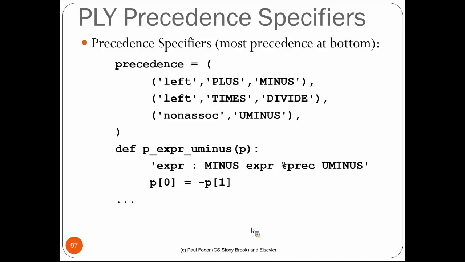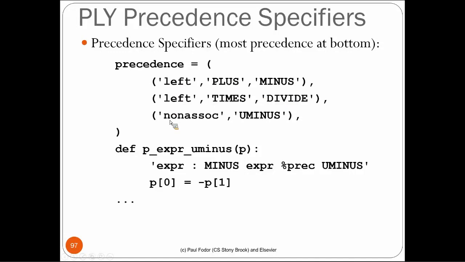So in ply, we can specify the precedence using a tuple in which the elements on top have the least precedence. So plus and minus have the least precedence, times and divide have higher precedence than plus and minus, and unary minus has higher precedence than times and divide.